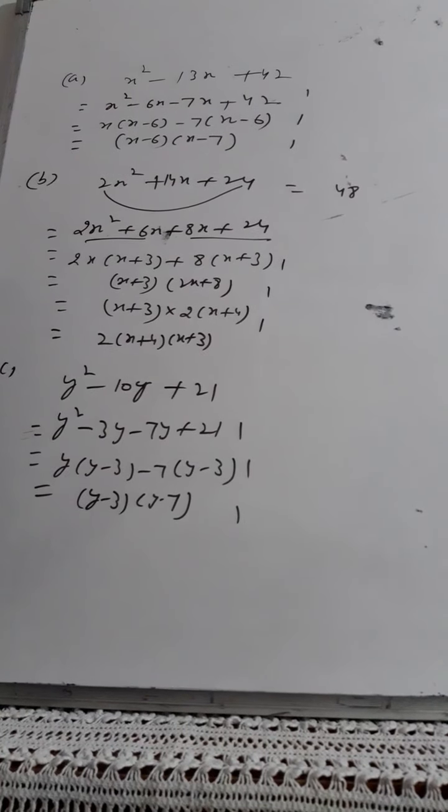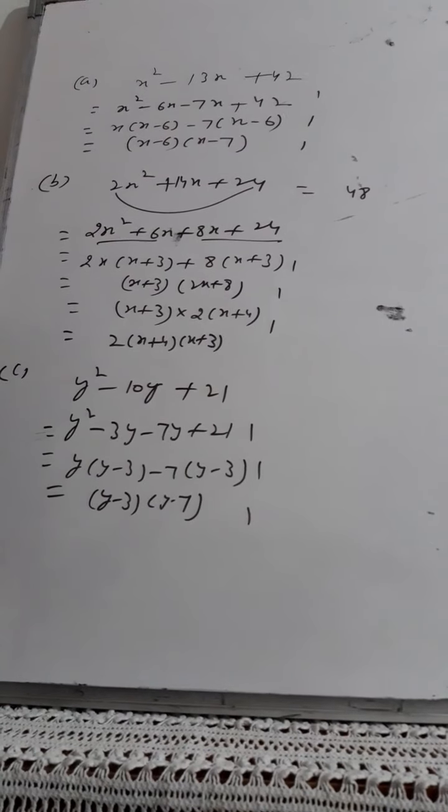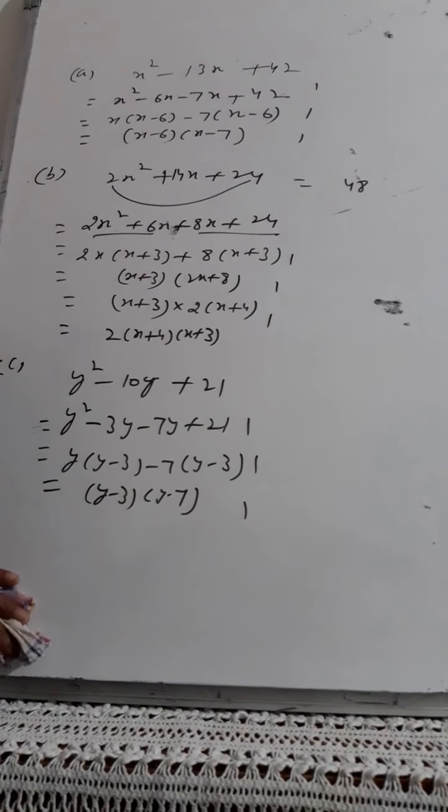Then in the fourth question, I asked you to write an algebraic expression in which factorization can be done by middle term splitting, and then factorize the same. So you have to think of any algebraic expression. First of all, you need to decide the degree. Suppose you are thinking of degree 2, it is x square.